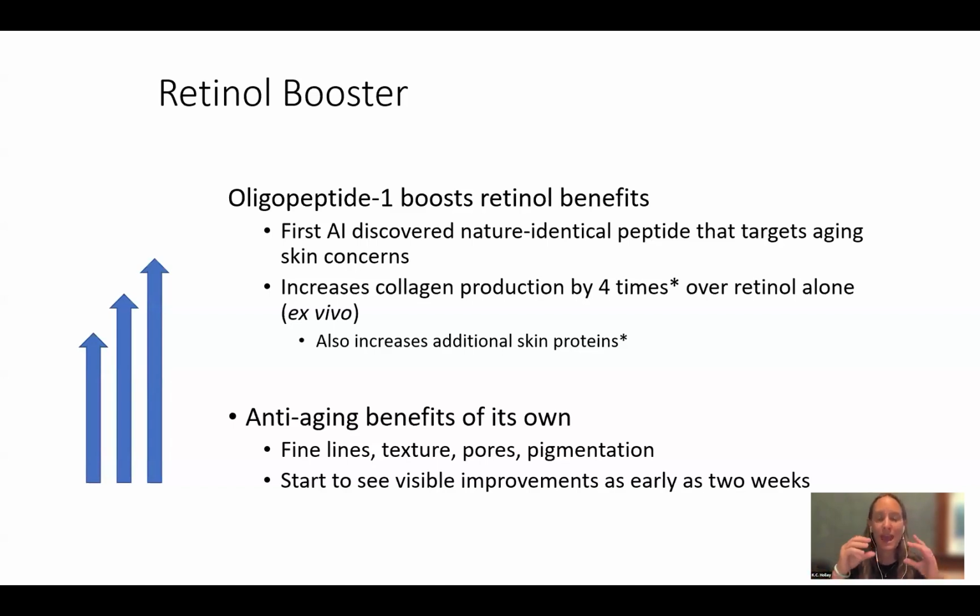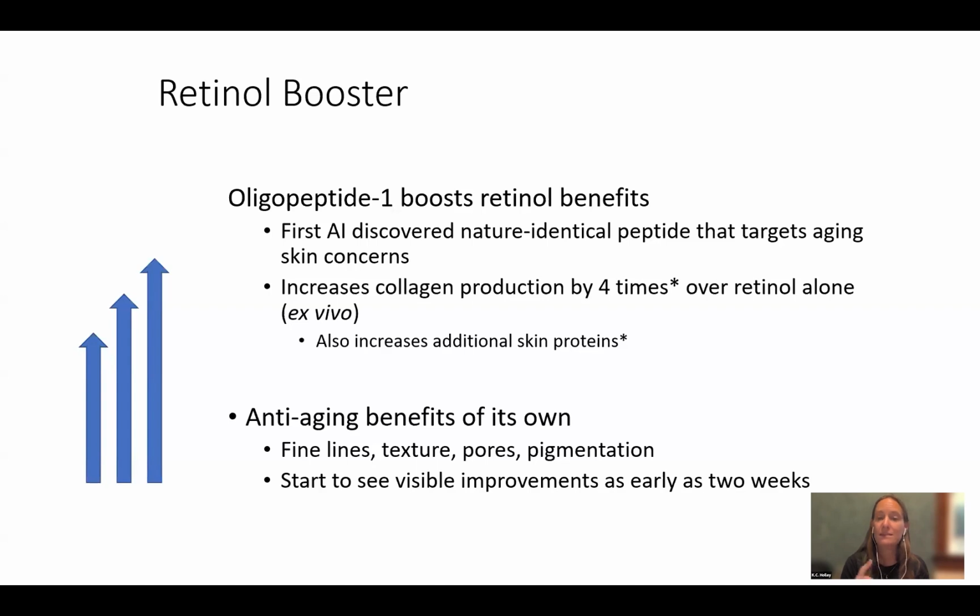And they added retinol to the skin that was donated, and then they added retinol plus this oligopeptide to it, and they looked at how much collagen was then produced by the skin, and there were 4 times more collagen produced by the skin that had this booster and the retinol over the retinol by itself. And they also found some additional skin proteins that also had increases, like fibrillin, and fibrillin is a precursor to elastin.